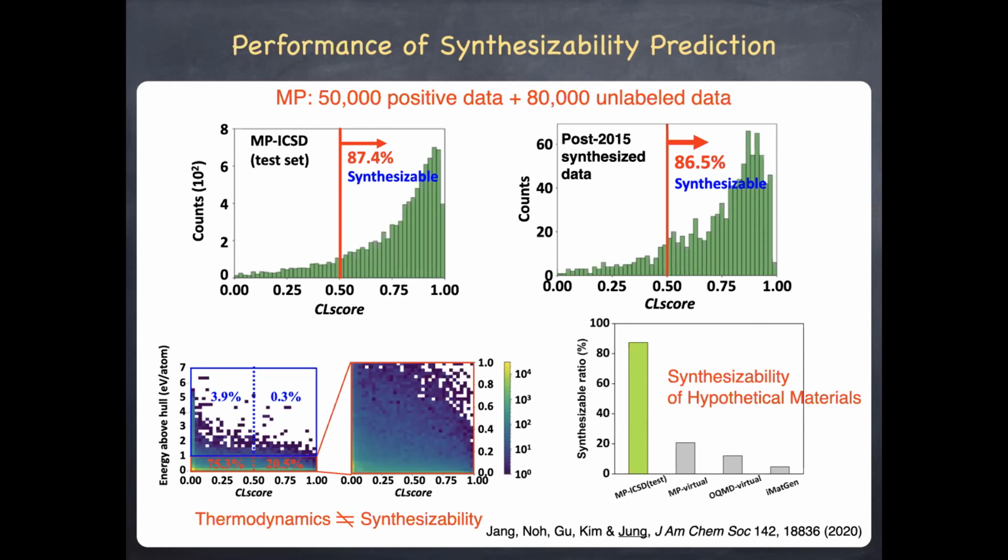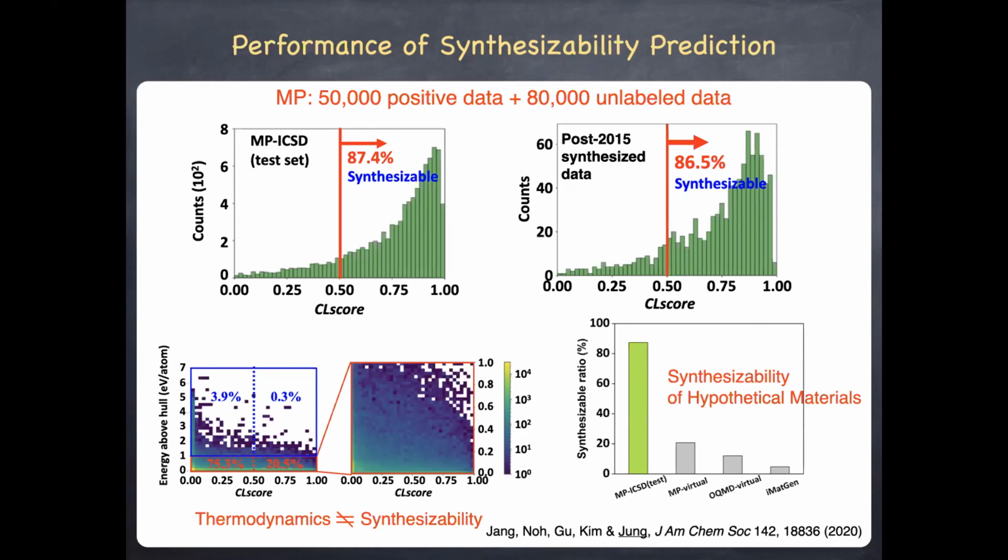One thing that we found pretty interesting was the fact that the thermodynamics and the synthesizability scores are not directly related, because there's no quantitative metric that estimates the synthesizability of inorganic crystals. People often use the thermodynamics as a measure of the synthesizability of the crystal because there's nothing else.